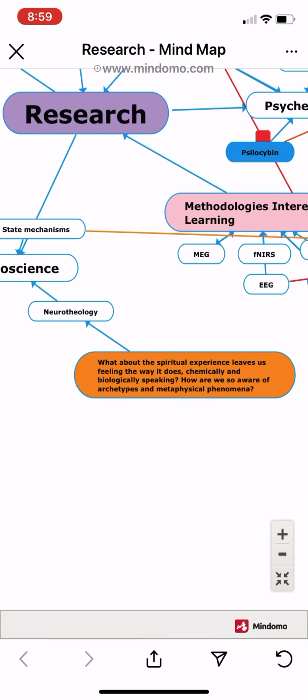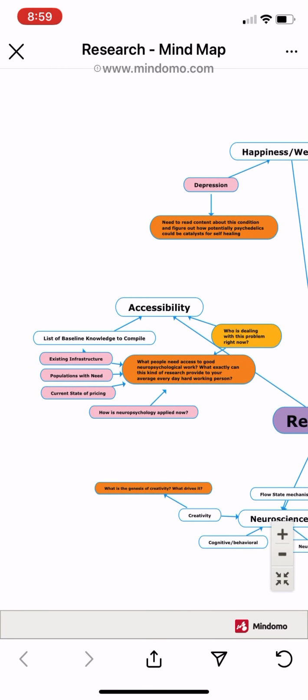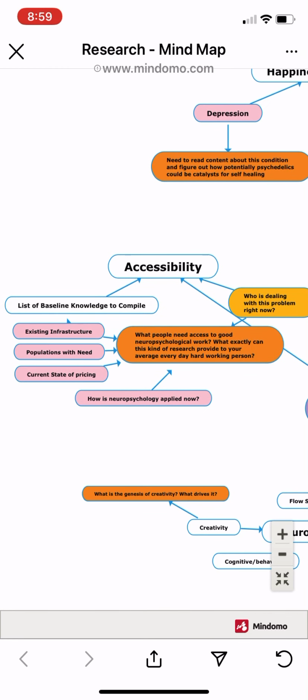And then accessibility: what's already there, what populations need help, what's the state of the affordability of quality neuro healthcare, how is neuropsych applied now? Is it only applied to traumatic brain injuries?